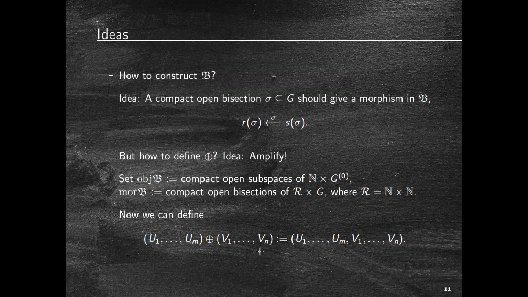In other words, these two families of subspaces might not be disjoint, but because you have created this space, you can just shift the second tuple by m. So you shift it to whatever component of the natural numbers you need to be disjoint from the first tuple, and then you just take the disjoint union. So this is really the idea behind this amplification. You create infinitely many copies, and then you can always move bisections around to make them disjoint.